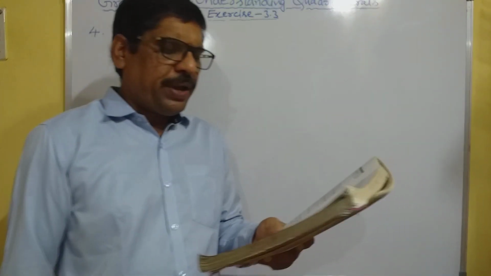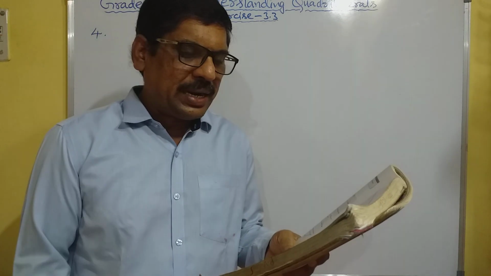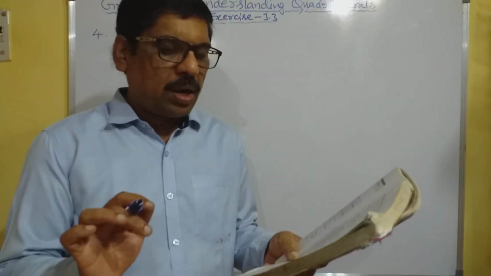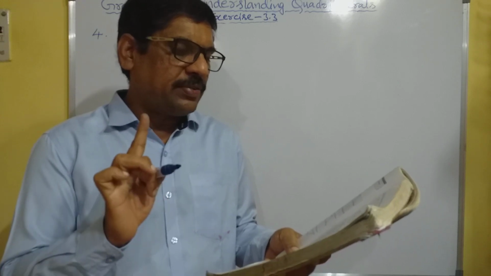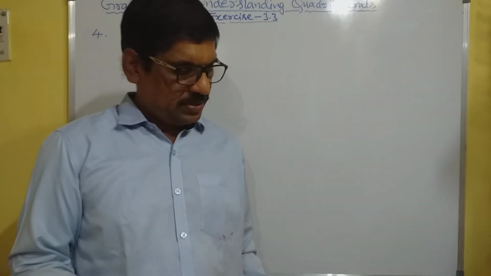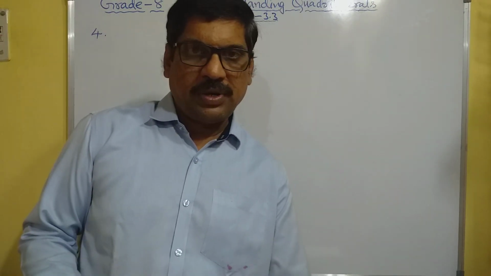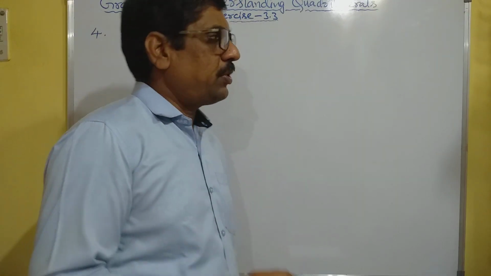Now look at the fourth problem. Draw a rough figure of a quadrilateral that is not a parallelogram but has exactly two opposite angles of equal measure. So one pair of opposite angles must be equal, but it is not a parallelogram.